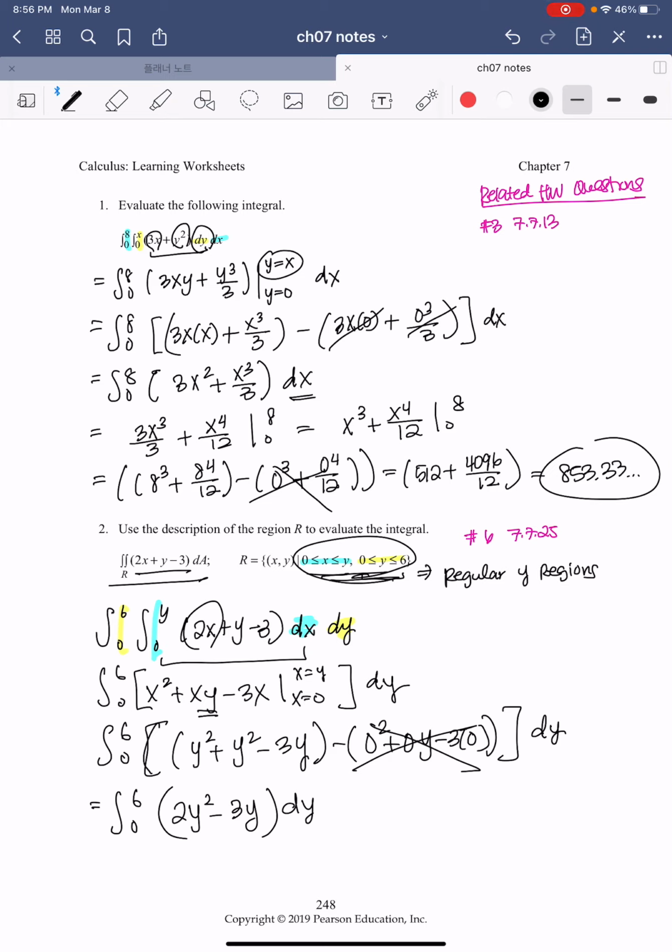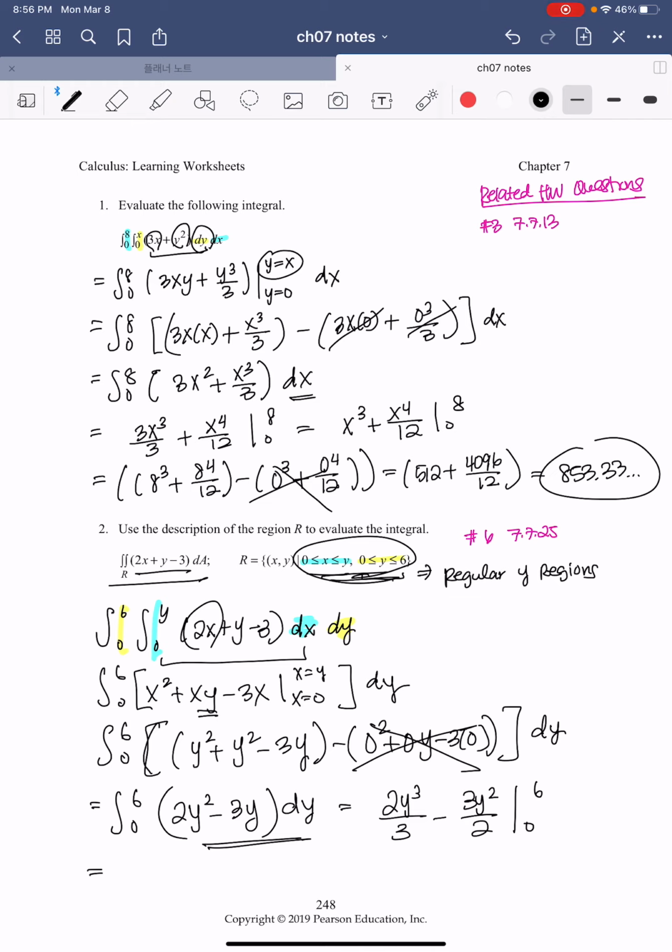Okay, and then let's keep going. Raise the power, divided by the new power, with respect to y. So I have 2y cubed divided by 3 minus 3y squared over 2 from 0 to 6.